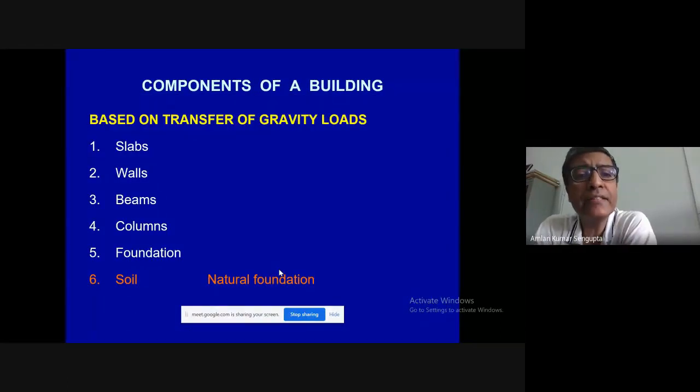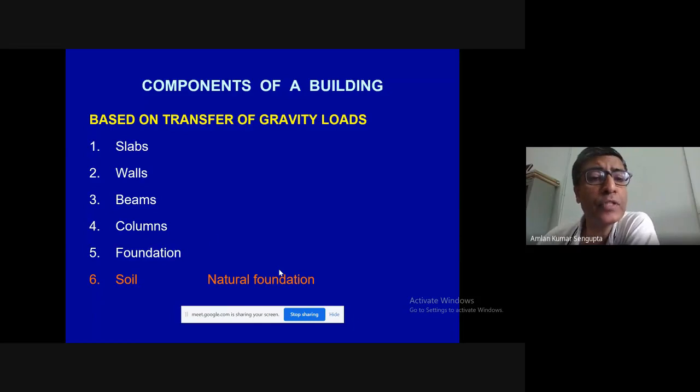Now, based on this, we are writing the basic components of a building structure. Components of a building based on transfer of gravity loads. First, we have slabs. We can have walls, which can be either masonry or concrete. If a slab directly rests on walls, then the walls are called load-bearing walls, and they need to be designed.